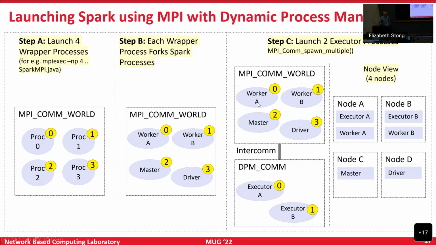The processes in the existing COM world are already communicating with one another, right? So not only are we communicating, we are also adding state. If executor A is receiving data, it needs to check DPM COM and it needs to check intercom, so these two communicators are relevant for it. And if the master is communicating, the two relevant communicators are COM world and intercom.